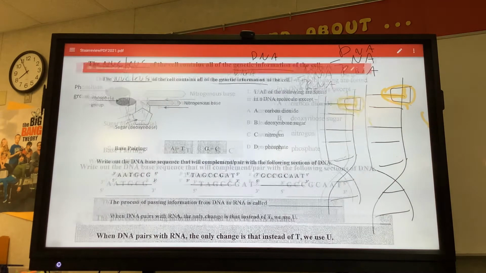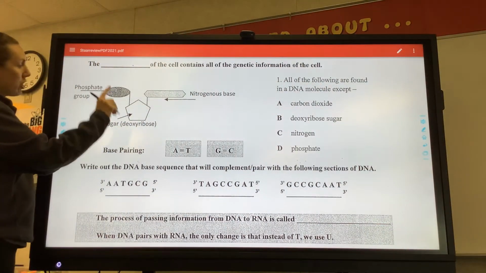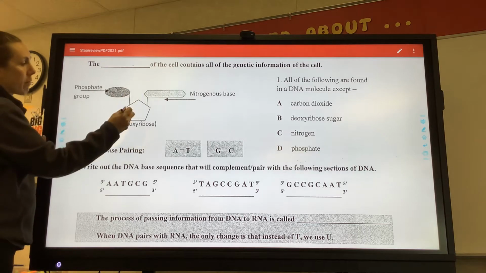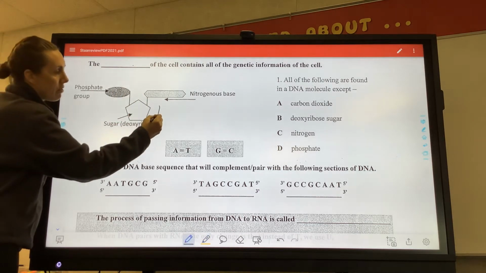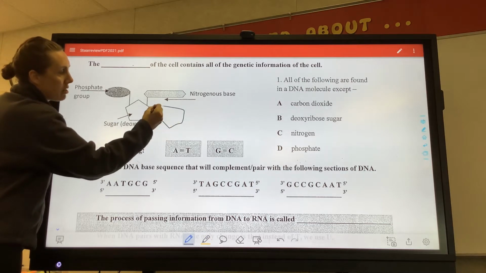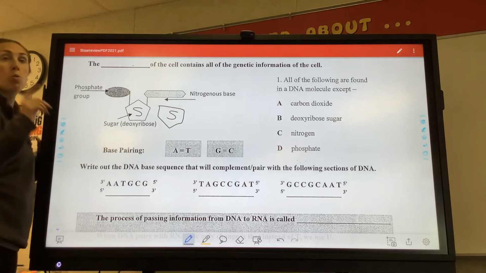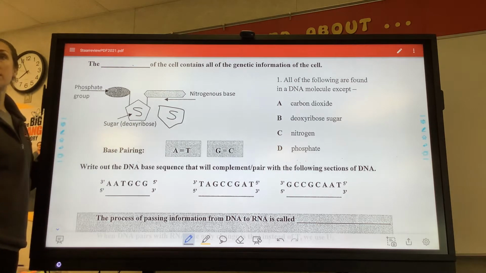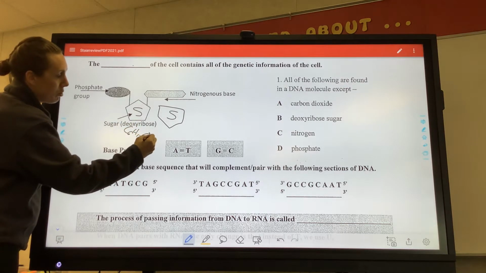Okay, so here's the nucleotide, which is a sugar, a phosphate, and a base. Now remember, this is flipped upside down, but I think of the Superman logo on his chest. Superman, okay, so this is the sugar. And what is the chemical compound of sugar? C6H12O6.